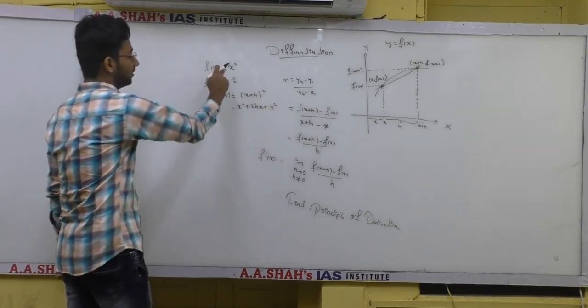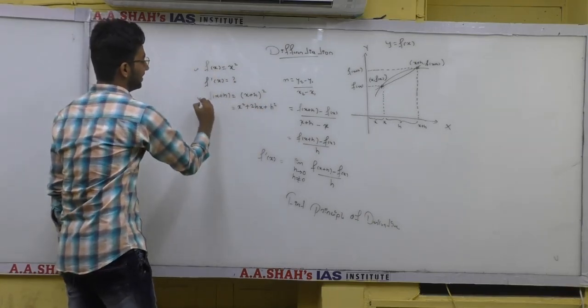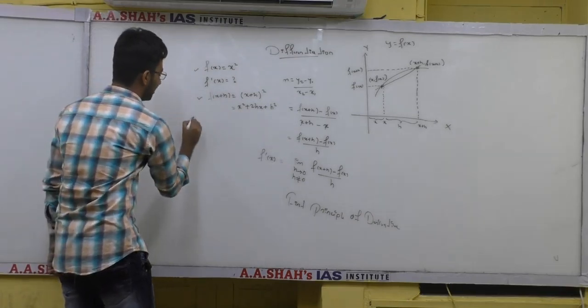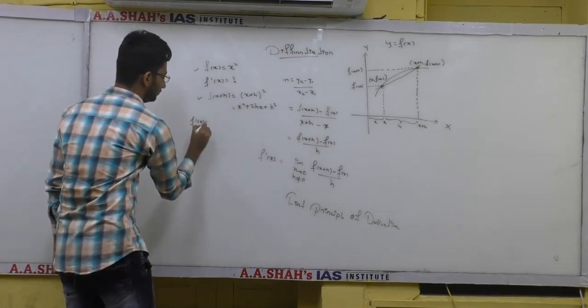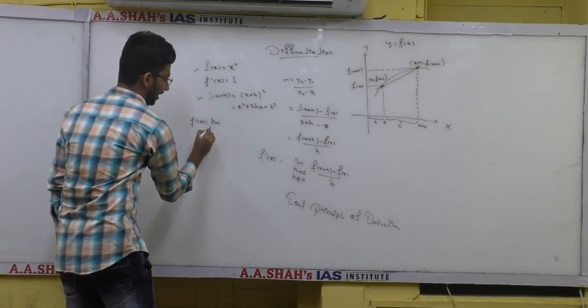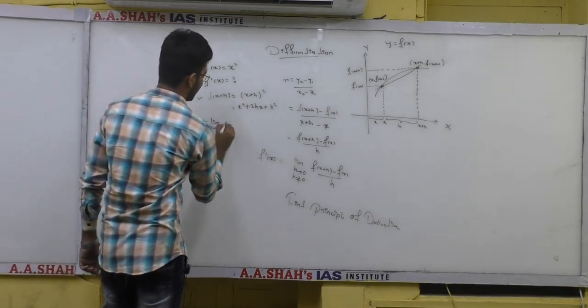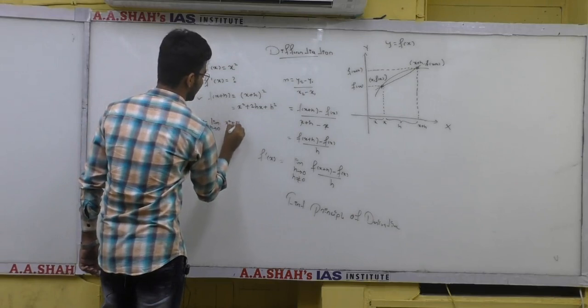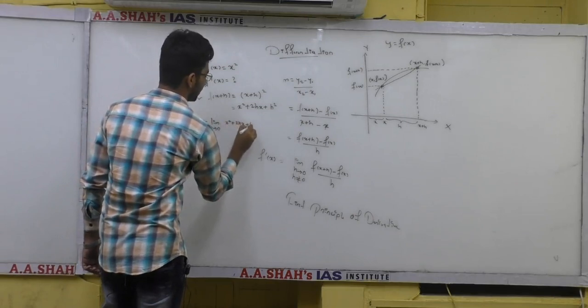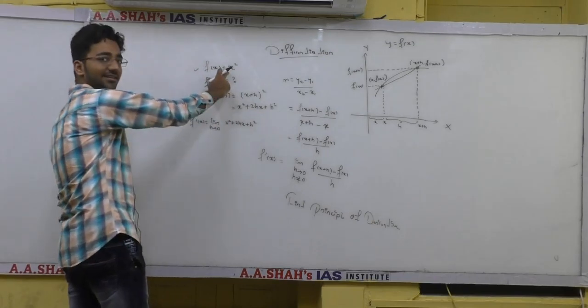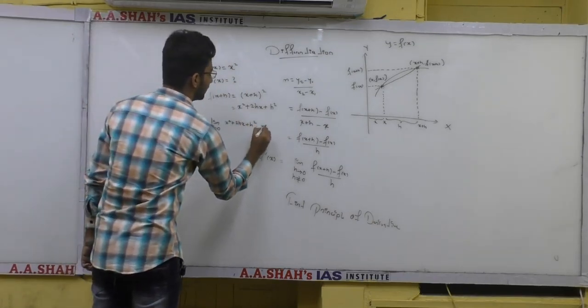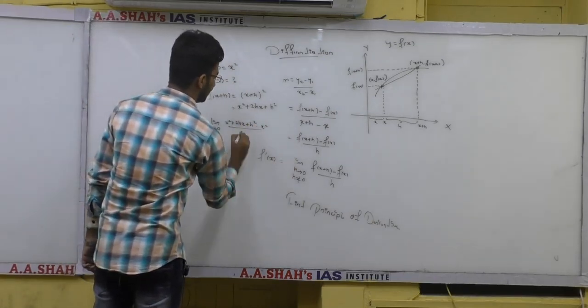Now we substitute this f(x) and this f(x plus h). So we will get the derivative equal to limit h tending to 0, of x square plus 2hx plus h square minus x square, upon h.